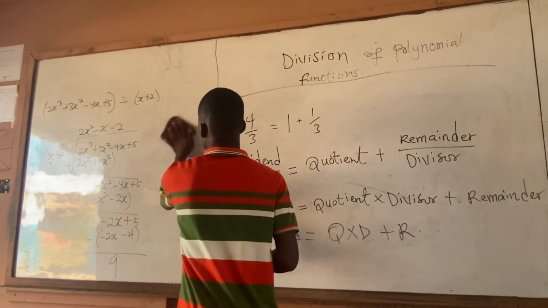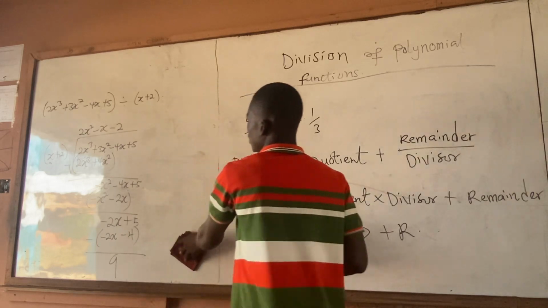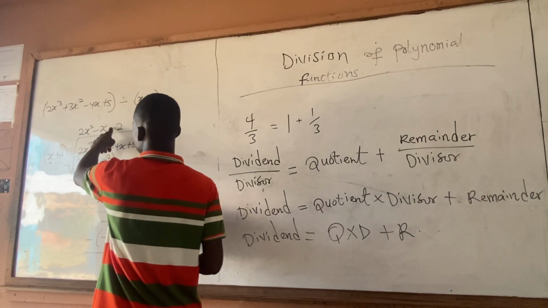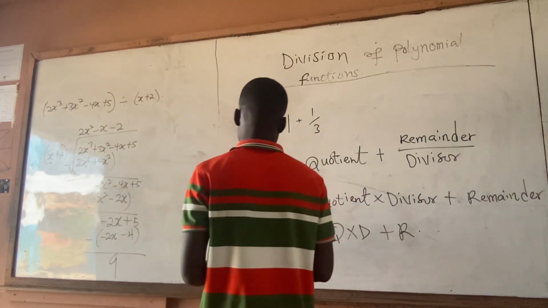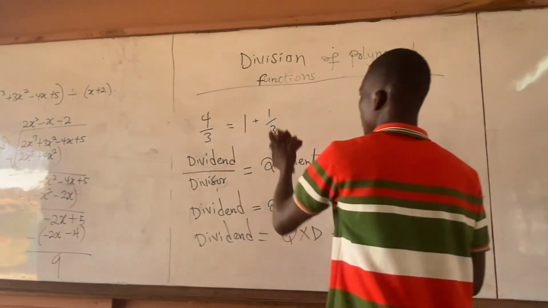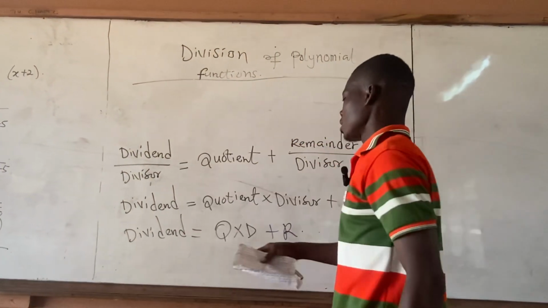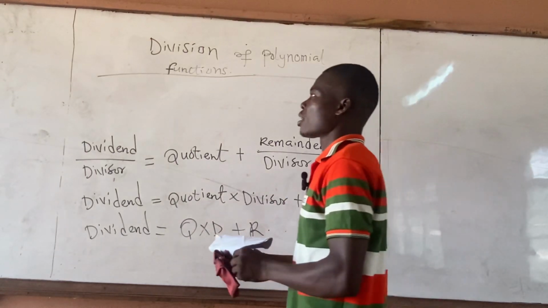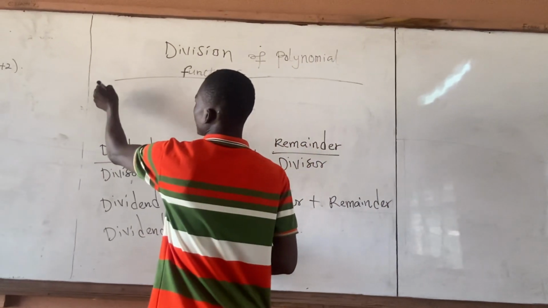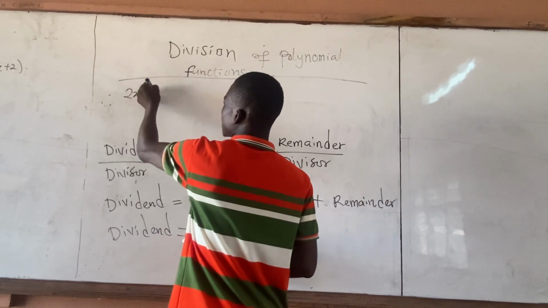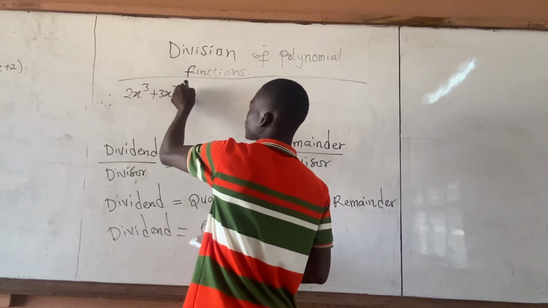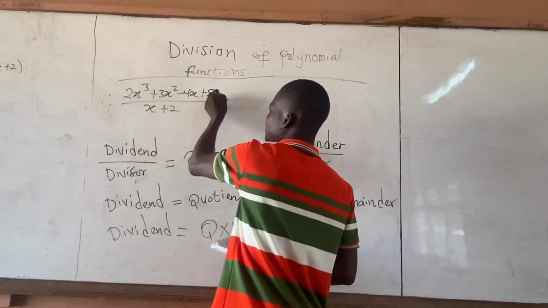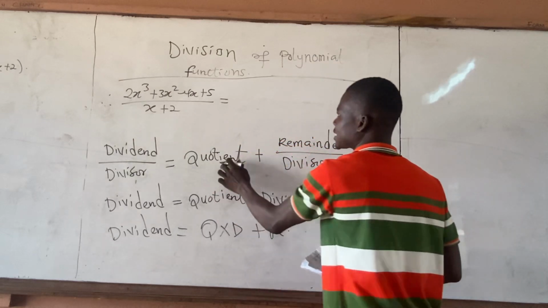So on this note, our quotient is 2s squared minus s minus 2, and the remainder is 9. So if you want to write it in the form of dividend over divisor, it's quotient plus remainder over divisor. Then we are going to get, therefore, 2s cubed plus 3s squared minus 4x plus 5 all over x plus 2 is equal to that dividend over divisor is equal to the quotient.